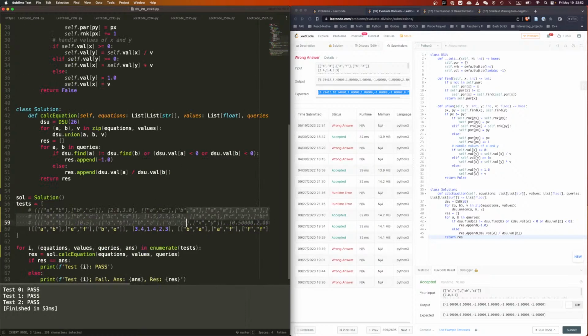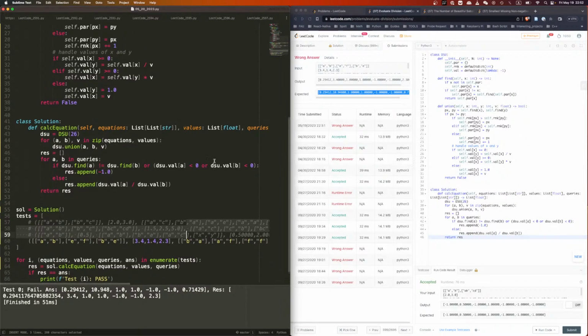Let's take a look. A, B, E, F, B. That should be right. But why is it not right? First one's right. Second one is not right. AF, A, B, E, F, B. Everybody is connected, right? Everybody's connected.